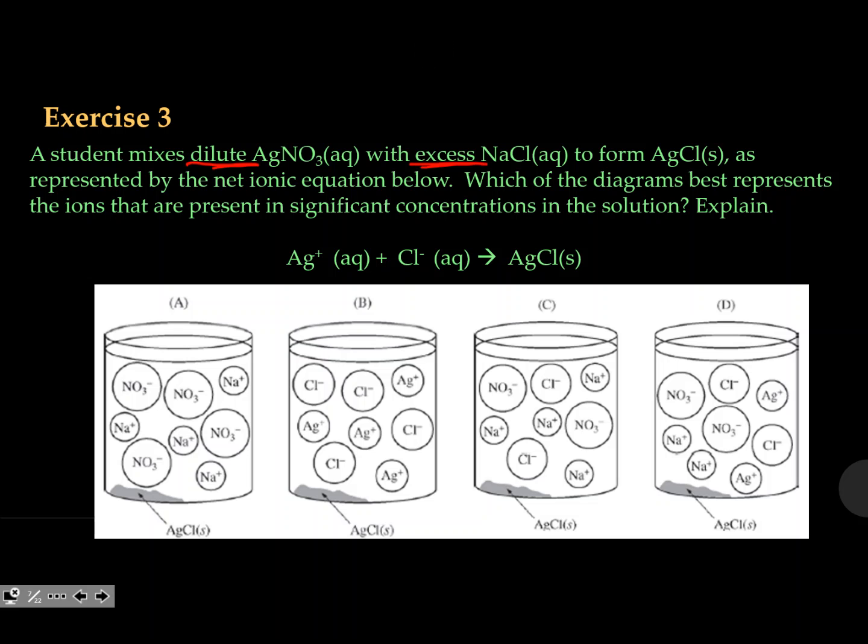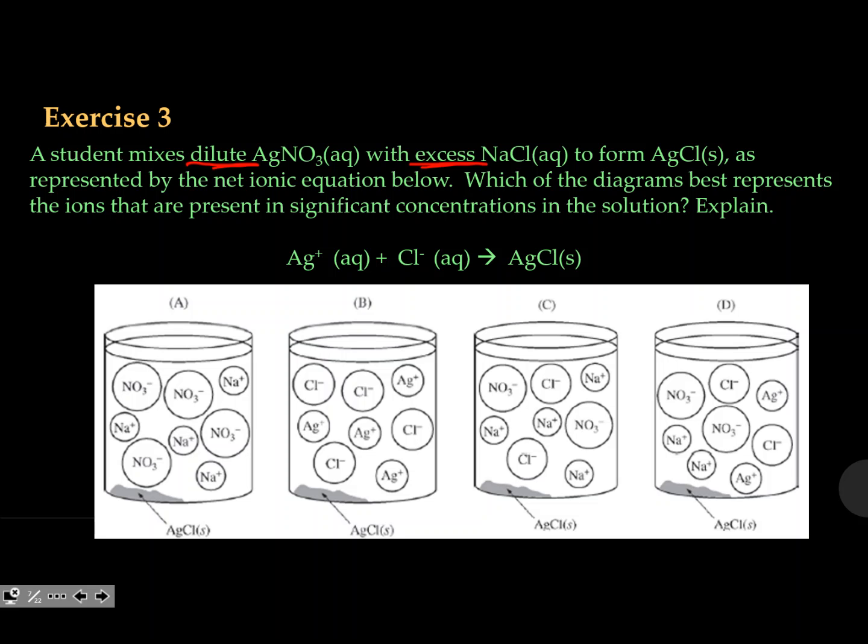Out of your silver nitrate here and your sodium chloride, we only have 2 ions participating in the reaction. What are the 2 ions participating in the reaction? Ag and Cl.